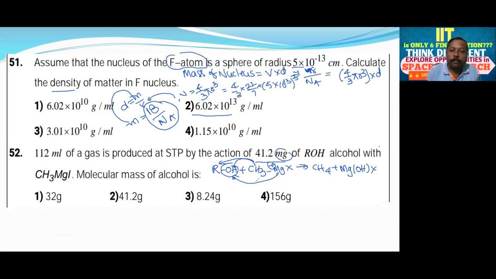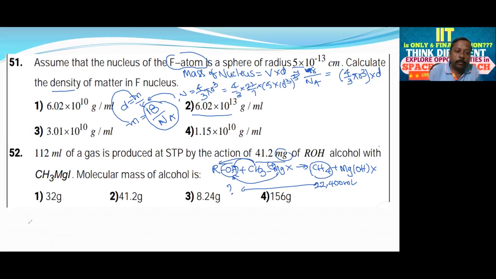We have to find the molecular mass of the alcohol. This is a balanced reaction, and it gives 112 ml, which you can compare with 22,400 ml for the molecular mass.